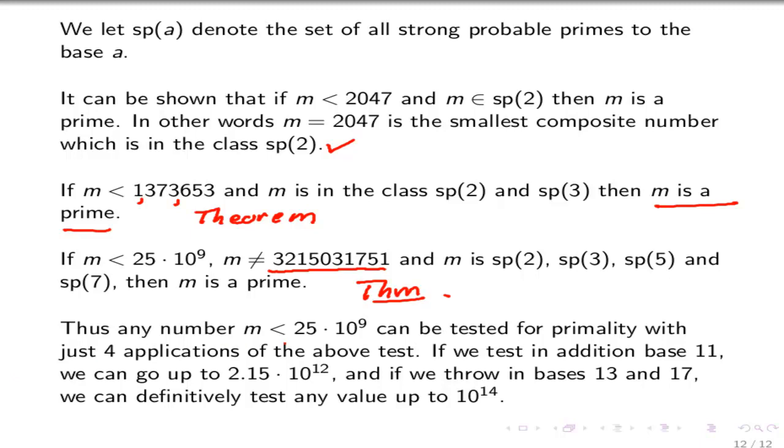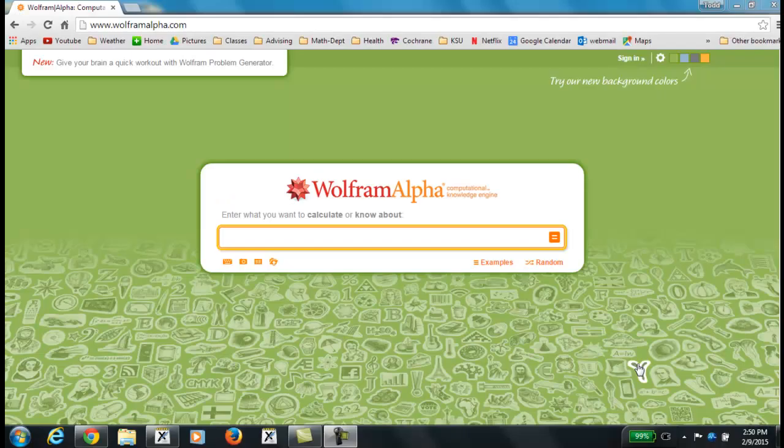So any number up to 25 billion can be tested for primality with just 4 applications of the above test. If in addition we throw in the base 11, we can go up to 2 trillion. If we throw in the bases 13 and 17, we can definitively test any value up to 10 to the 14th.